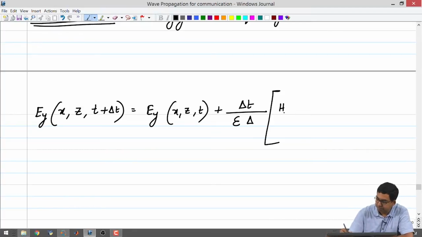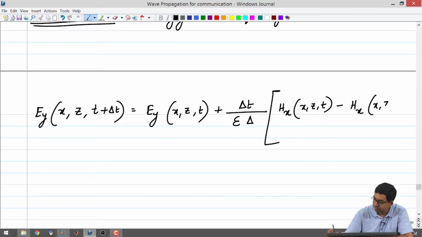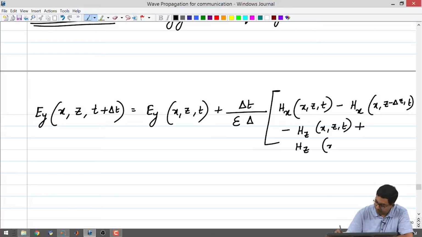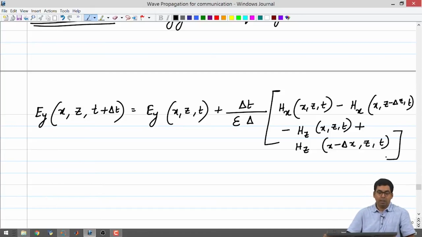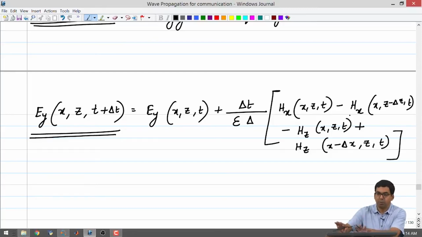So, I will be having Hx of... Okay. So, for getting the electric field at the next instant of time, I will need to know the present value of the electric field, and the magnetic field at different positions at the same instant of time, and then I have to code this expression in the program for managing this particular curl equation.